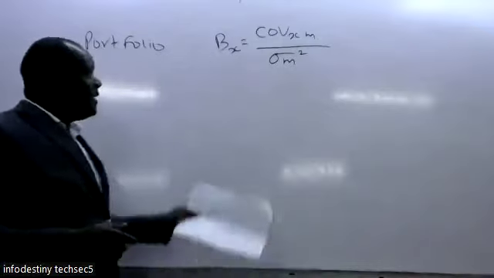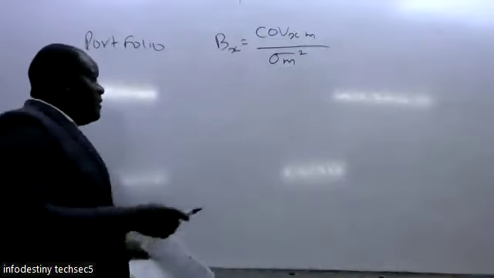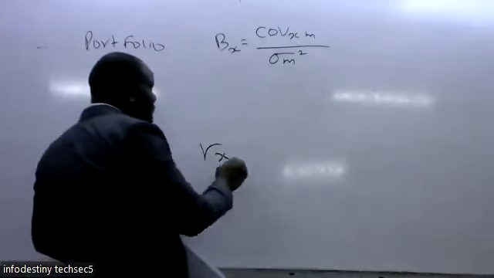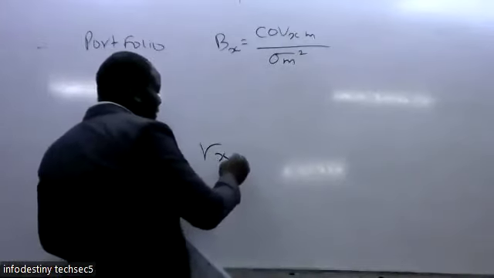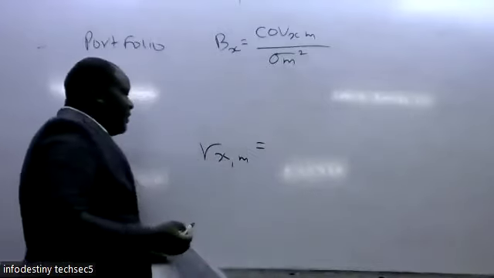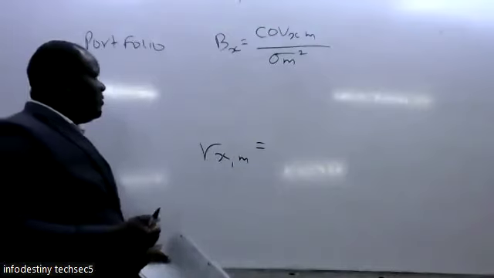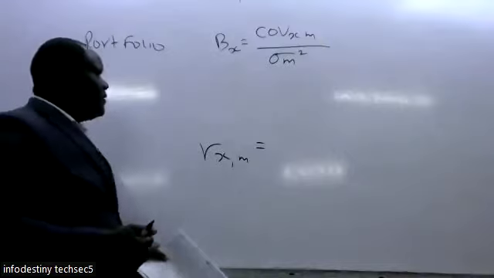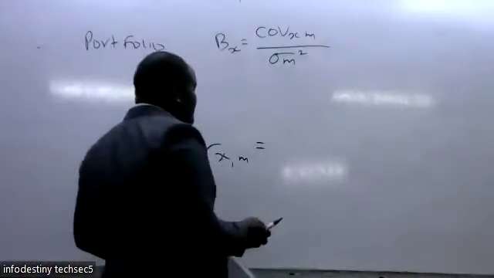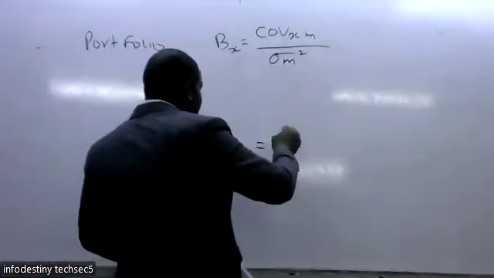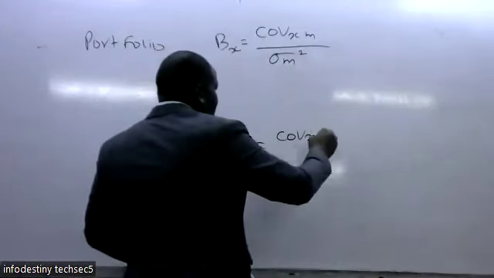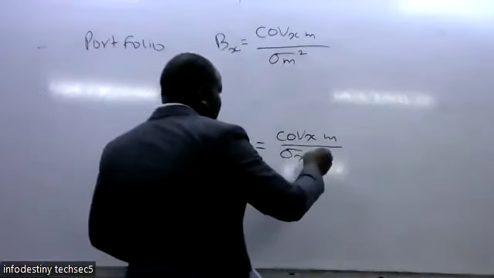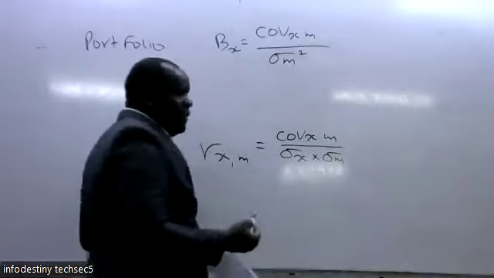So just a brief explanation before we continue. Remember the correlation coefficient. When you want to get the correlation coefficient between X and the market, it is normally given by the covariance between X and the market, divided by the standard deviation of X multiplied by the standard deviation of the market.